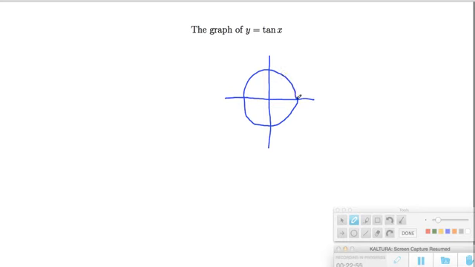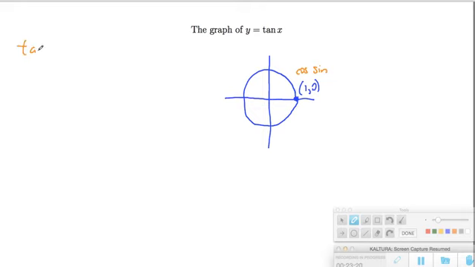Well, first, if you look at the angle of 0, the coordinates are 1, 0. Now remember, the first coordinate is cosine, second coordinate is sine. So we're not going to be able to immediately get the tangent from this picture. We've got to actually calculate it each time.